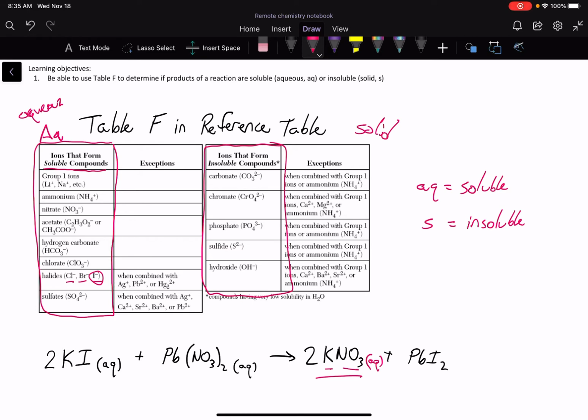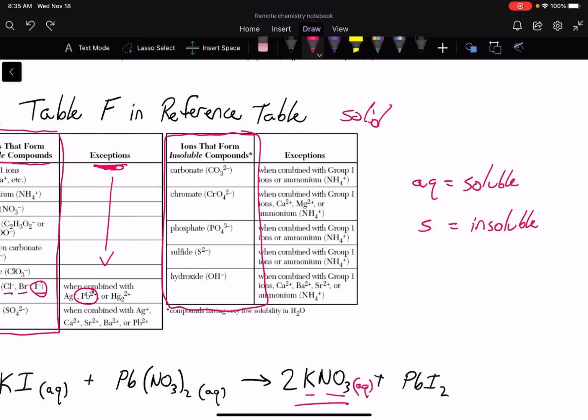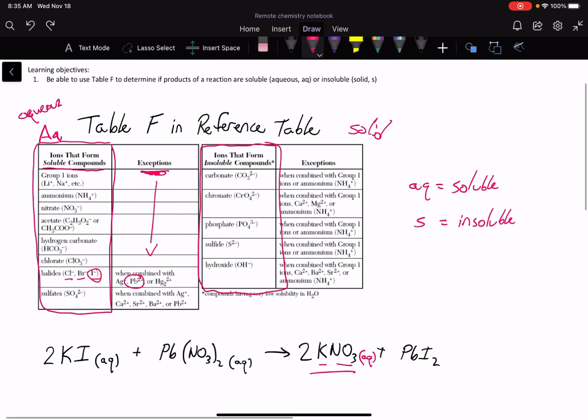But if you look over at the right side, there are some exceptions to these rules. Every compound that contains iodine is soluble, except when it is combined with lead, silver, or mercury. So because lead is in our exceptions category, this is actually going to be considered insoluble. And if something is insoluble, we put an S for solid because it's not dissolving in water.